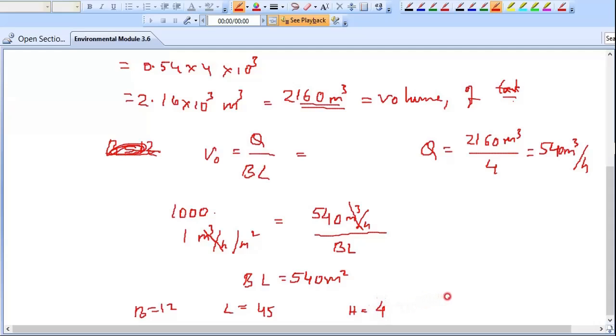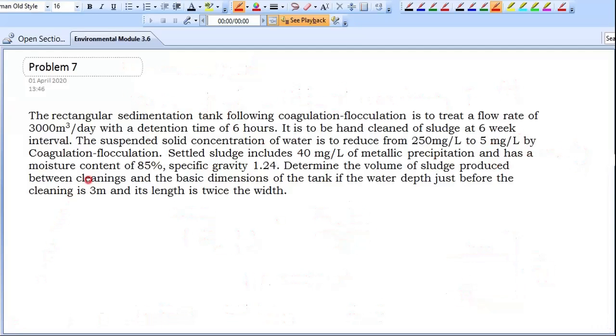Then for sludge you can give 0.5 meter bottom and 4 meter for clear water, and 0.5 meter you can give as freeboard. Therefore the total height will be 5 meter. Height is known to you, length is known to you, and breadth is known to you. This problem is homework for you people.